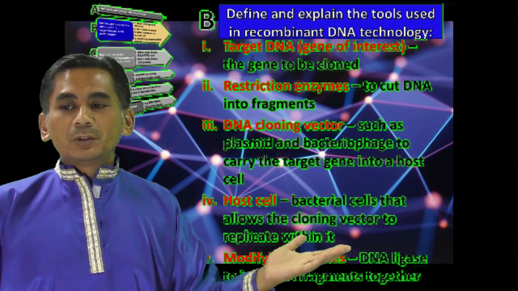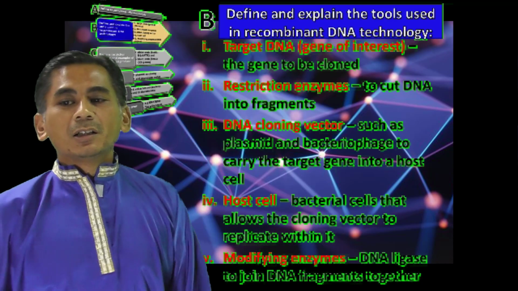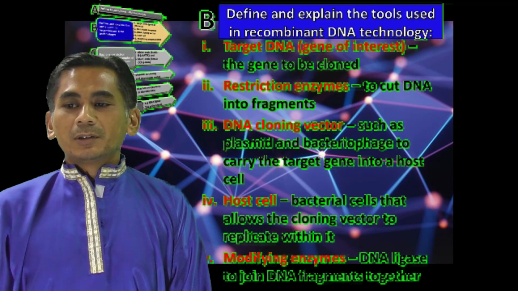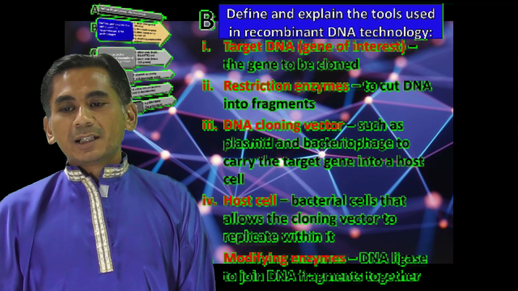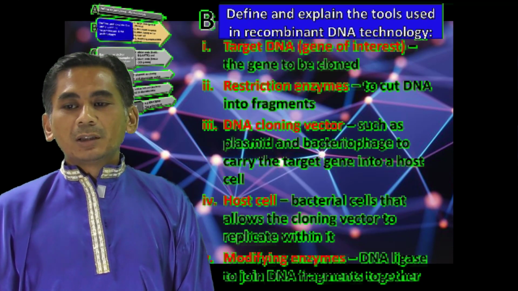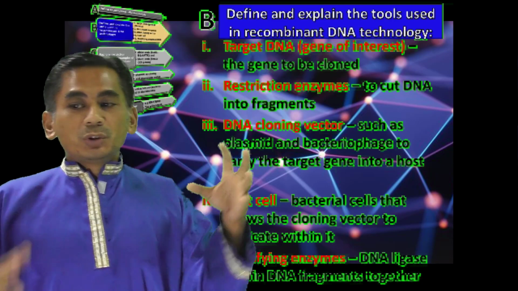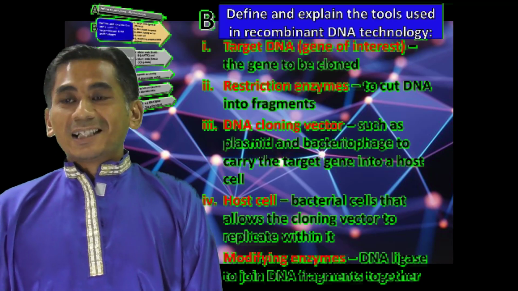Its function is to carry the target gene into the host cell. The following tool is host cell. It allows the cloning vector to replicate, such as bacteria cells. The last tool is modifying enzyme, which functions to join DNA fragments together, such as DNA ligase.